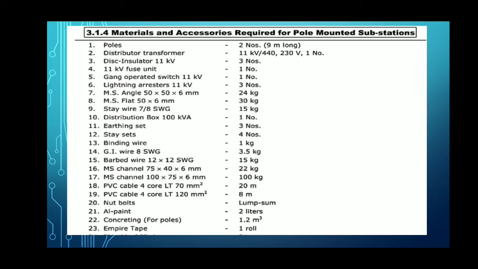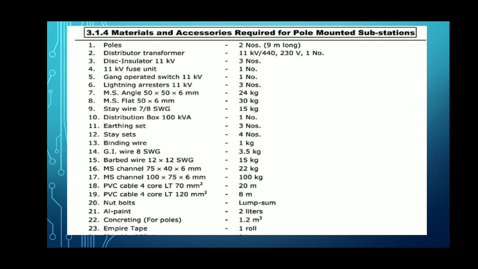Then 3 DC insulators of 11 kV, one 11 kV fuse unit, and 3 lightning arrestors. Then stay wire, distribution box, earthing set, stay set, then GI wire.